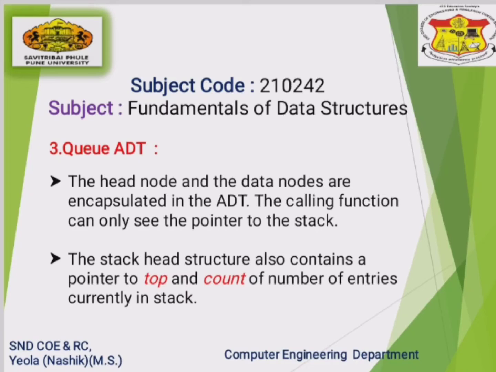The head node and the data node are encapsulated in the ADT. The calling function can only see the pointer to the stack. The stack head structure also contains a pointer to the top and a count of the number of entries currently in the stack.